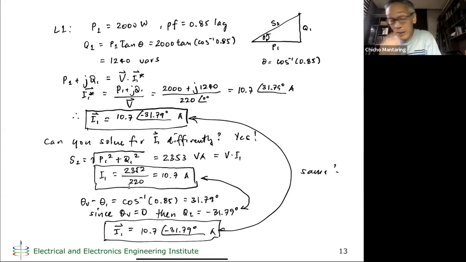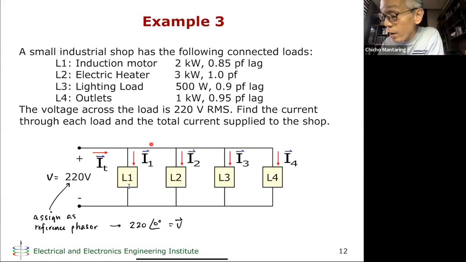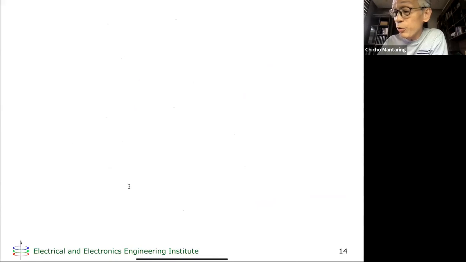I didn't realize the pace was so slow. Okay, so I know this I1. I still need to determine I2, I3, and I4. So let's go to L2, and let's do this a little bit more quickly. For L2, P is equal to 3,000 watts. Your power factor is equal to 1.